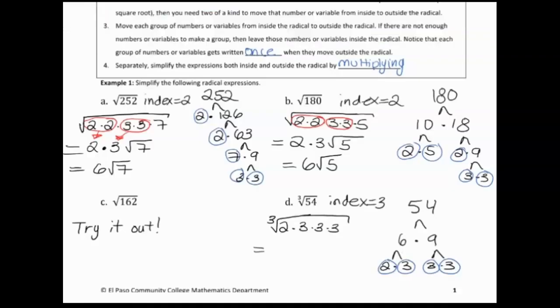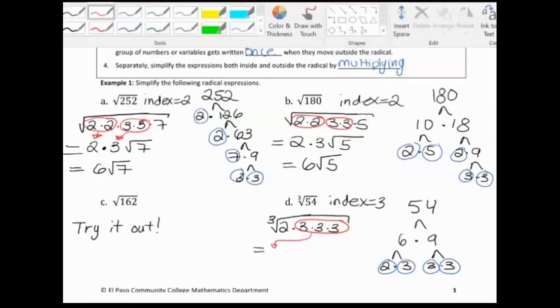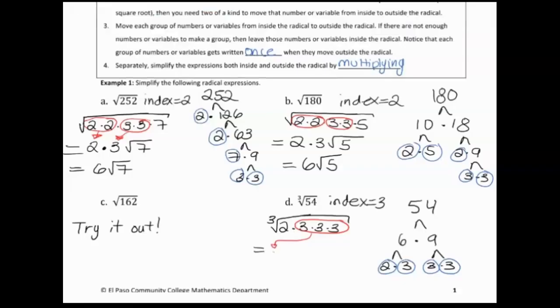So in this case, I have a group of 3 of 3's. And remember, we're going to take it out once, only once. So I'm going to write 3, and then we write our radical symbol with our index, and I have a 2 left inside. This is my final answer.